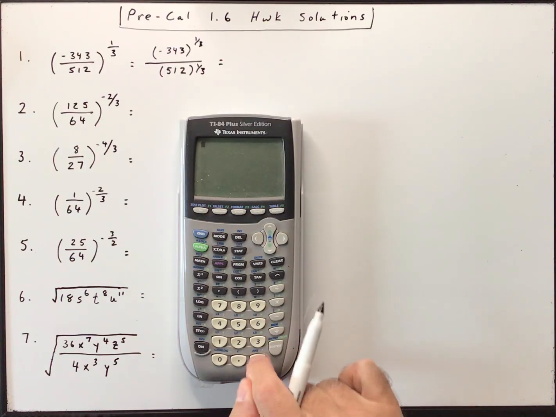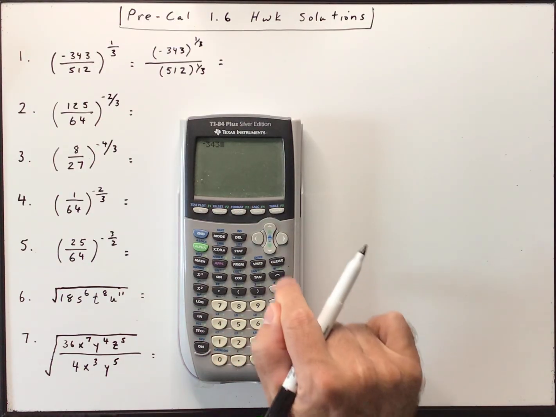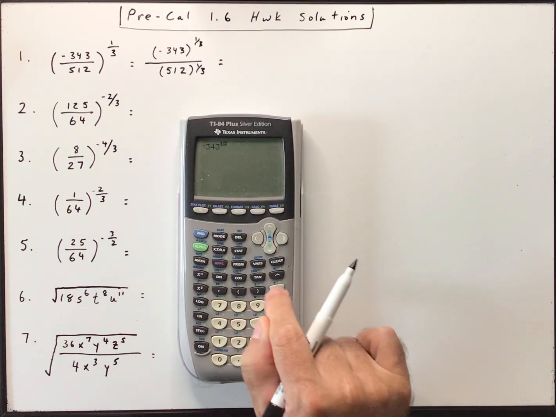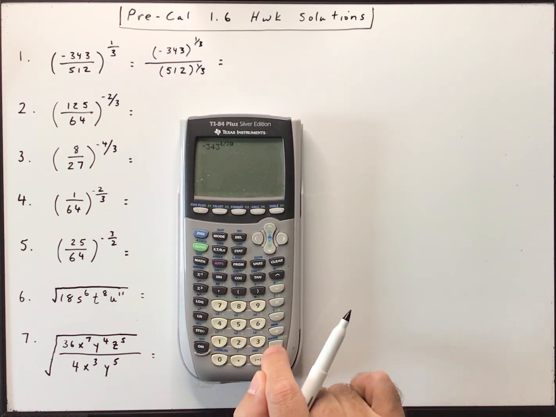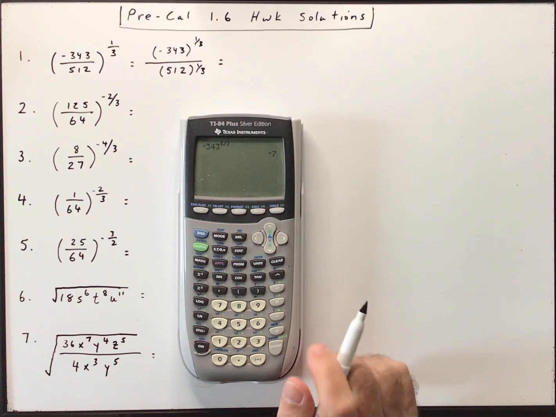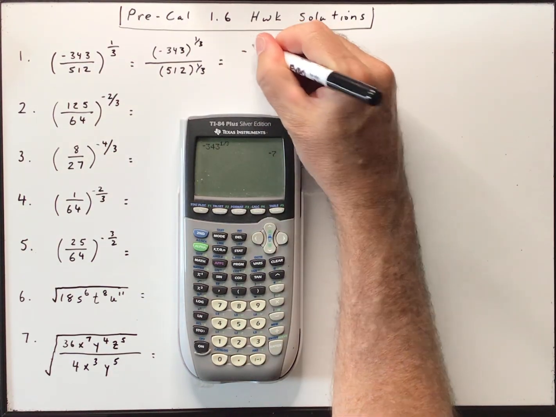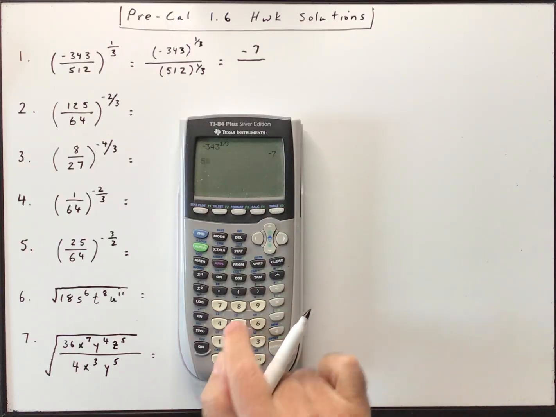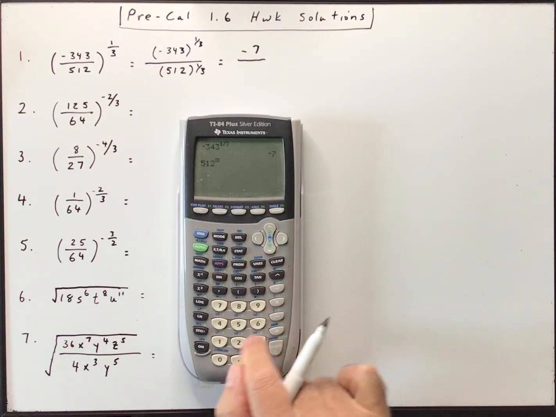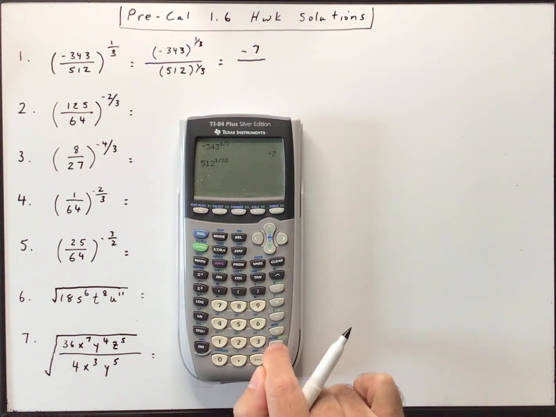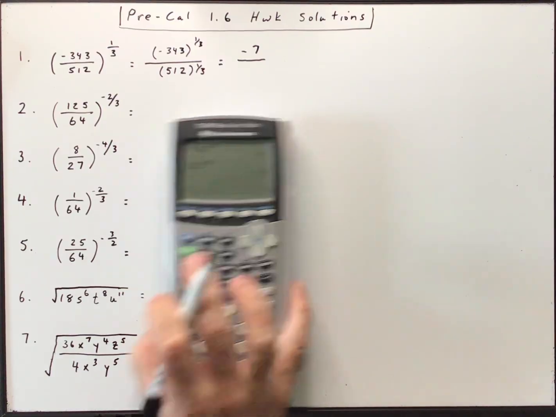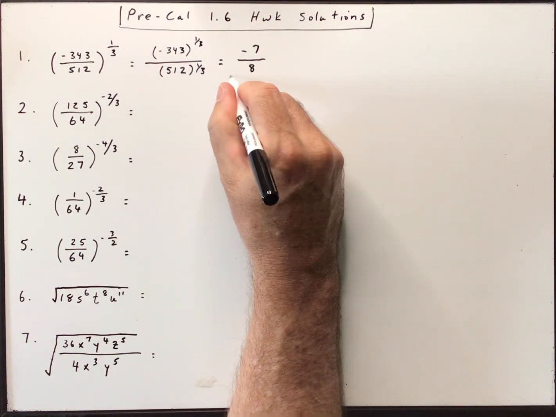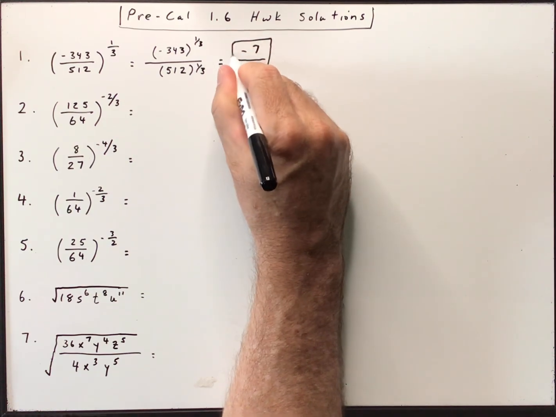So negative 343 raised to the, so the caret symbol, 1/3, 1 divided by 3 power. So that is negative 7. And then 512 raised to the 1/3 power is 8. All right, so that's just negative 7/8.